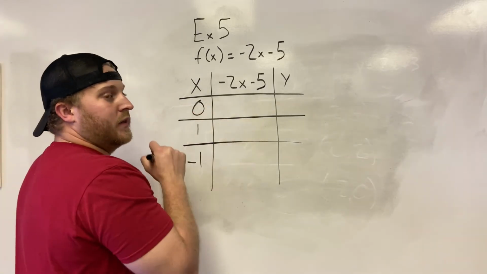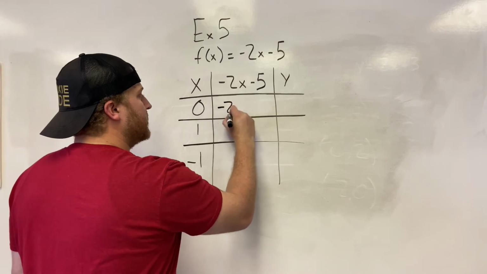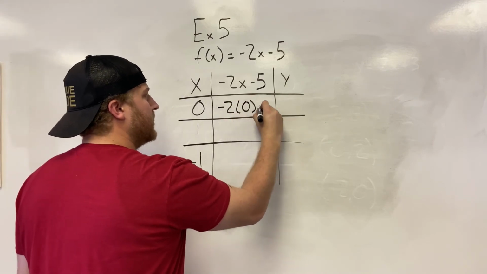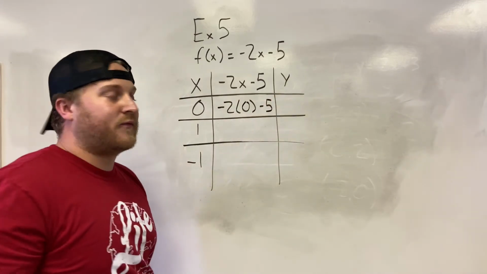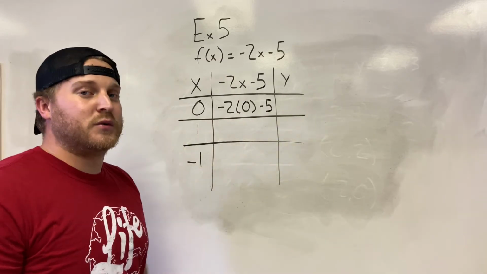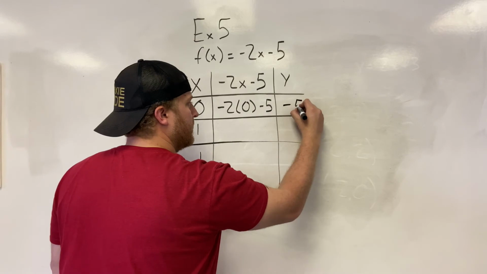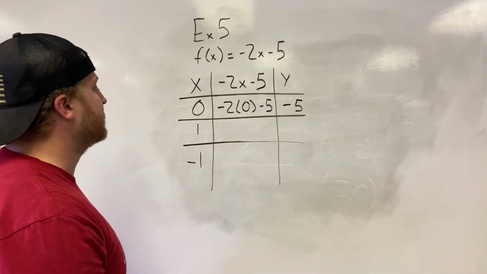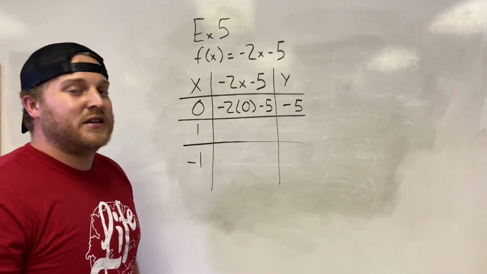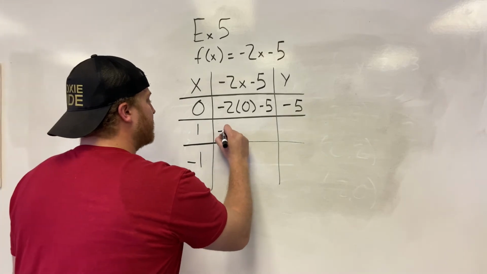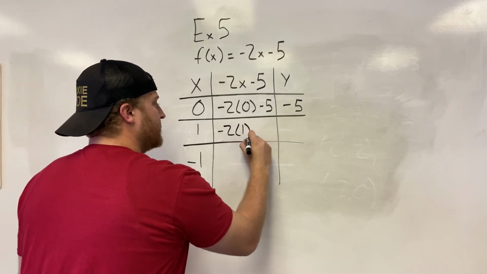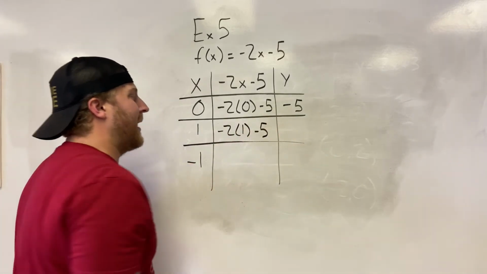X equals 0 in this first column, so I'm going to have negative 2 times 0 minus 5. Negative 2 times 0 is 0. 0 minus 5 is negative 5. Next column, x equals 1, so I'm going to have negative 2 times 1 minus 5.